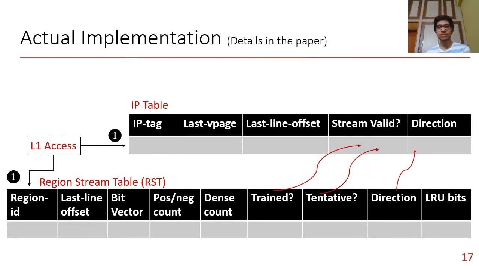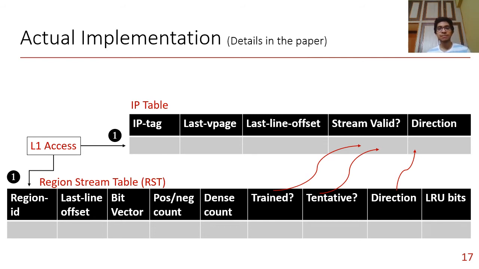We use a table called the region stream table, where each entry stores a bit vector corresponding to the cache lines in a region. With each cache line being accessed in the region, the dense counter is incremented. When a sufficient number of cache lines are accessed in a region, it is marked as a dense region. All the IPs accessing it are labeled stream IPs.